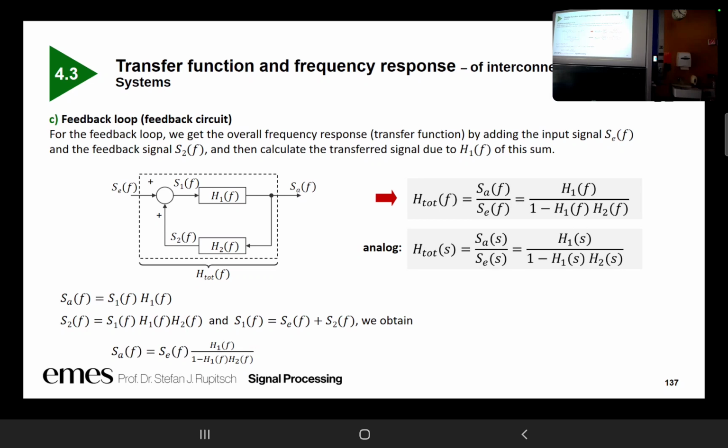If we find one frequency where our system is not stable according to this definition, then our system will not be stable overall. Because if you use a step function, then the step function contains all frequencies. And you will always find this unstable frequency, then your system is not bounded.